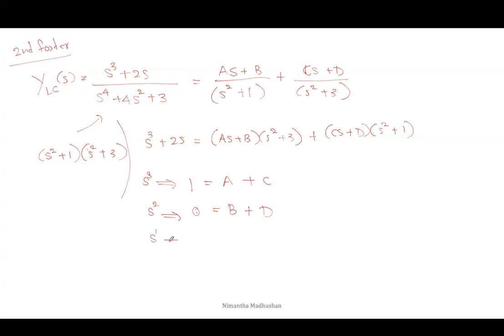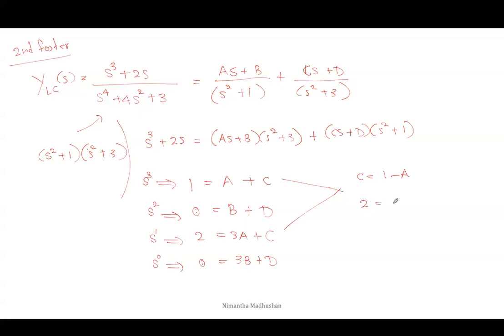Then s to the power 1. From the left hand side, 2 is equal to, from the right hand side, 3a plus c. And s to the power 0, from the left hand side, the value is 0. From the right hand side, 3b plus d. From these two, the value of c is equal to 1 minus a.